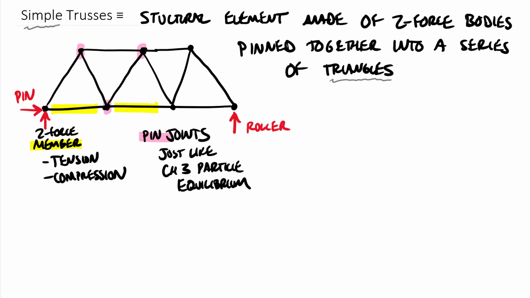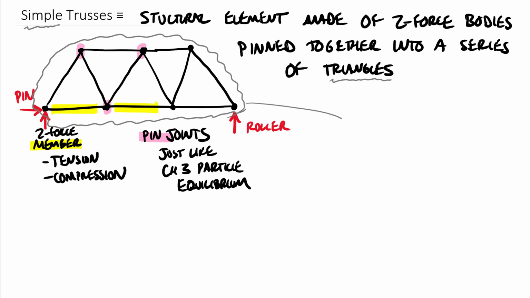So a pin and a roller. If you want to, you can draw a little isolation line here, and a note over here to the side that says we can treat a truss like a single rigid body.